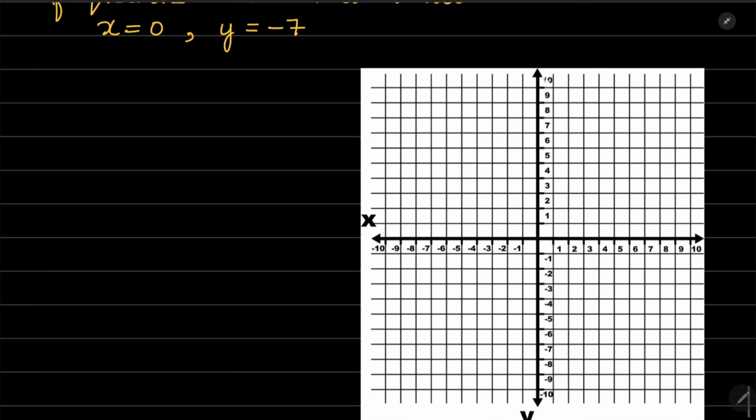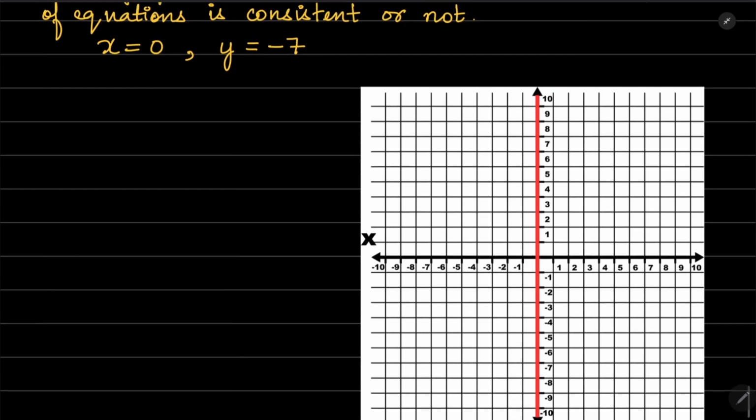So let me write it here: this particular line is your x equal to 0. What is y equal to minus 7?